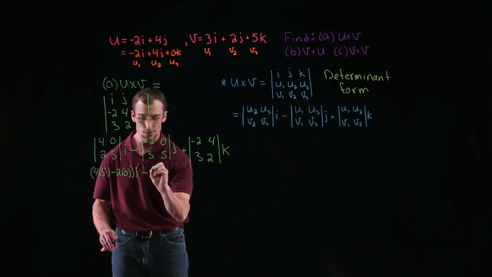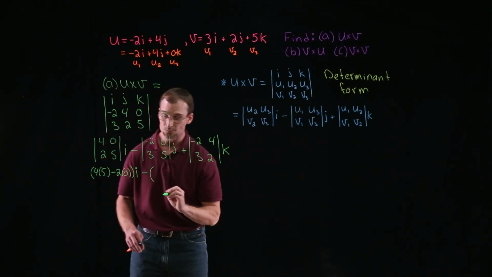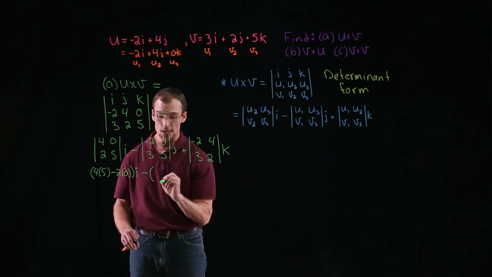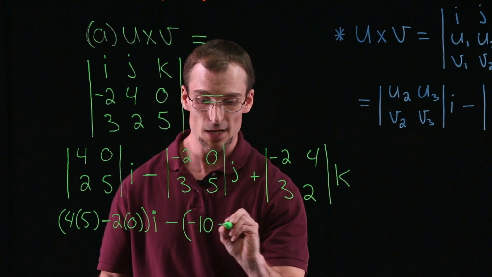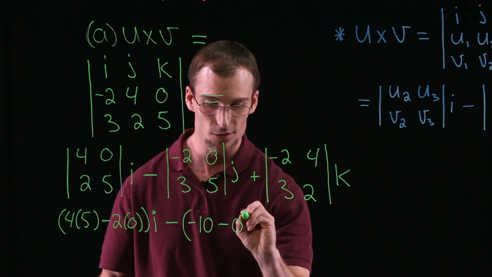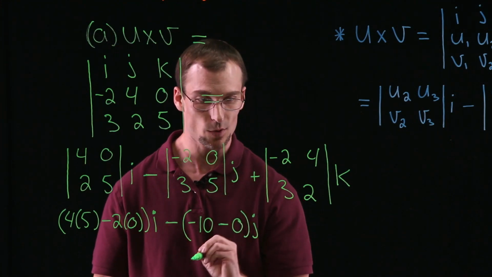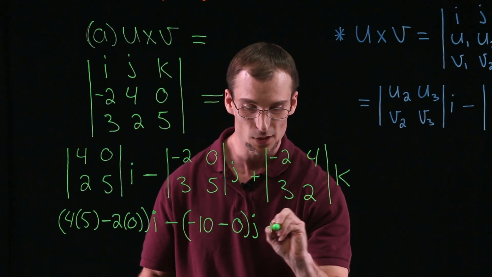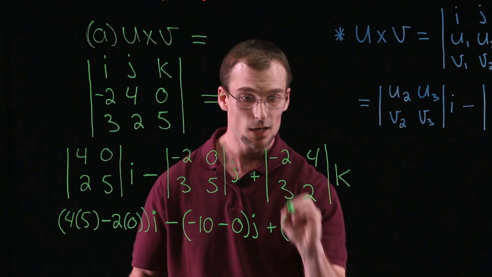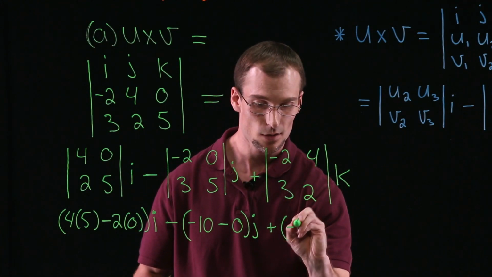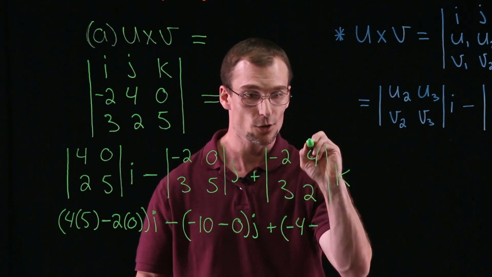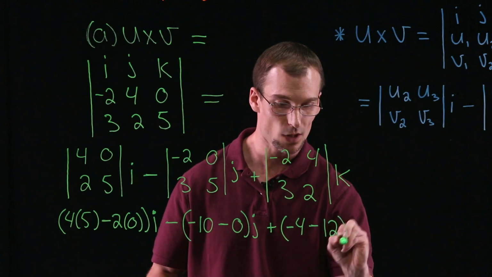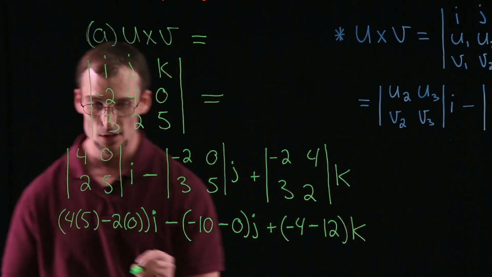And minus, doing the same thing with our next one: negative 2 times 5 is negative 10, minus 3 times 0 is 0, times our component vector j. And lastly plus negative 2 times 2 gives us negative 4, minus 3 times 4, which is 12, times our component vector k.